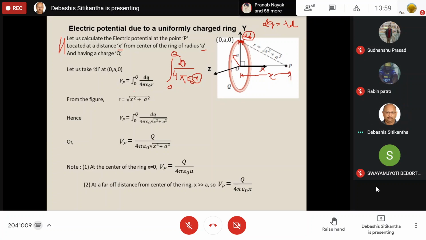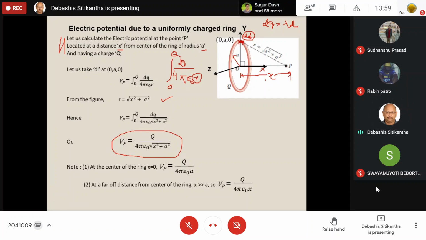Now we replace this r by this term, and ultimately you are going to get this as the expression for the electric potential at the point P located at a distance x from the center of the ring of radius a.